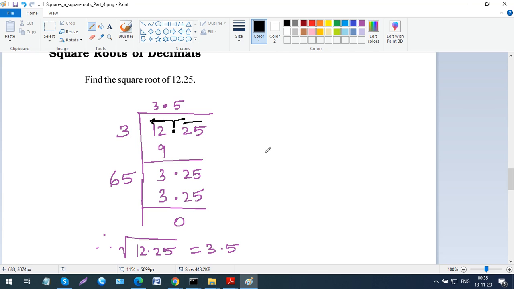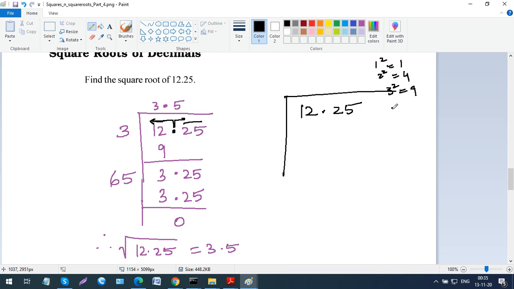Now I have 12.25, and again I make a table like this. 1 square gives you 1, 2 square gives you 4, 3 square gives you 9, 4 square gives you 16. So 16 turns out to be greater than 12, so you choose this 3 square. 3 3s are 9.